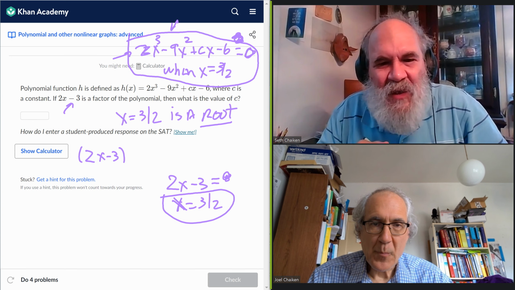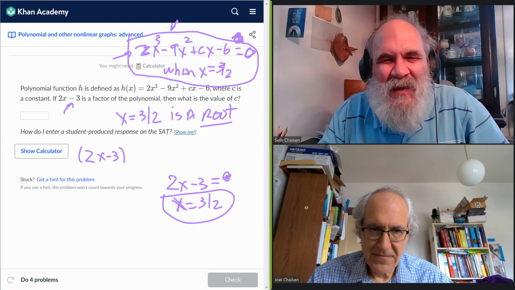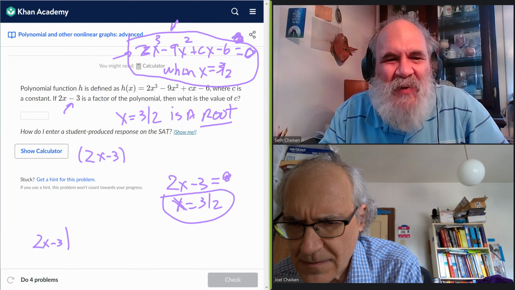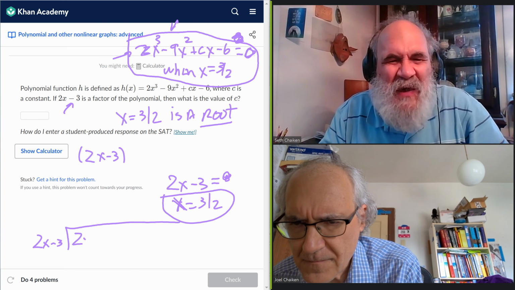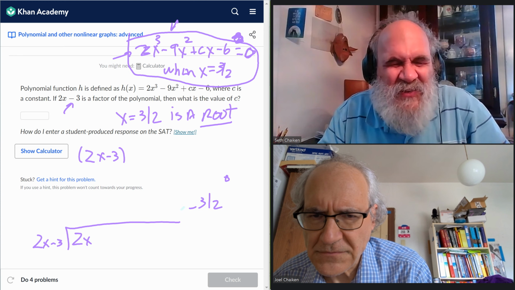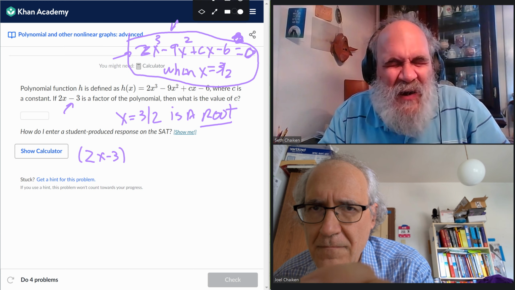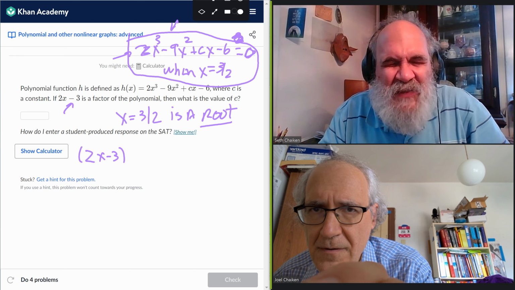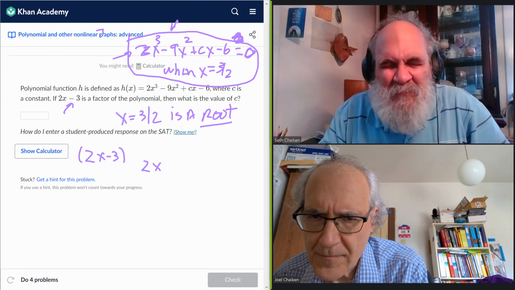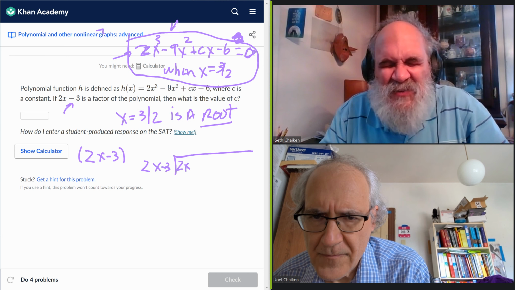You use polynomial division to divide the polynomial by 2x minus 3 and find out what you get. Find the remainder, and the remainder should depend on c, and then pick the c that makes the remainder 0.